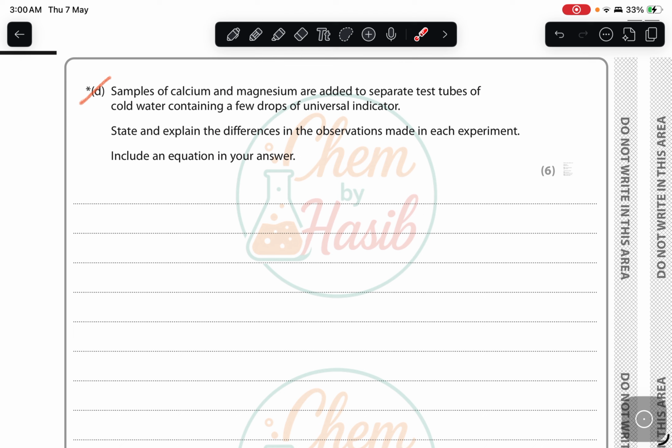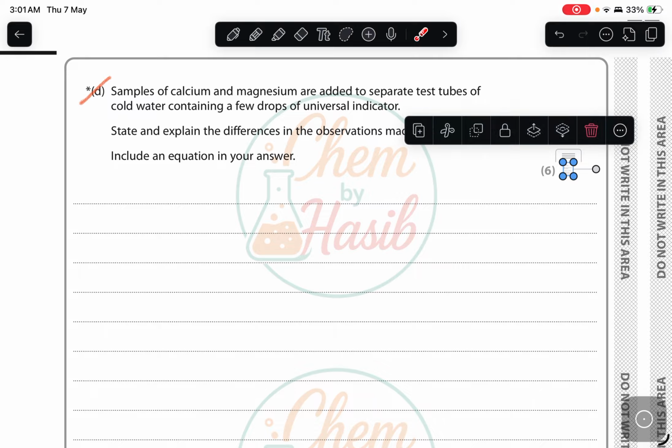So calcium hydroxide will turn the universal indicator blue, because universal indicator usually turns blue in alkaline solution. The magnesium hydroxide solution will make the universal indicator less blue. So you can write that as another difference. And you can also write the equation of calcium reacting with cold water.